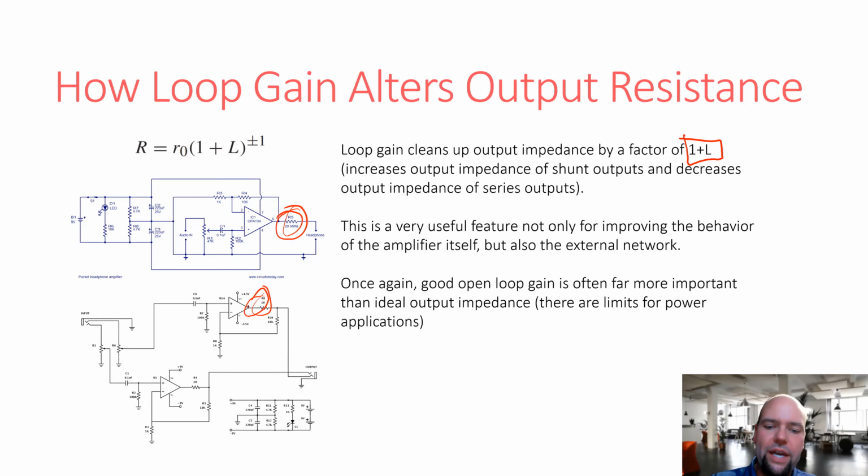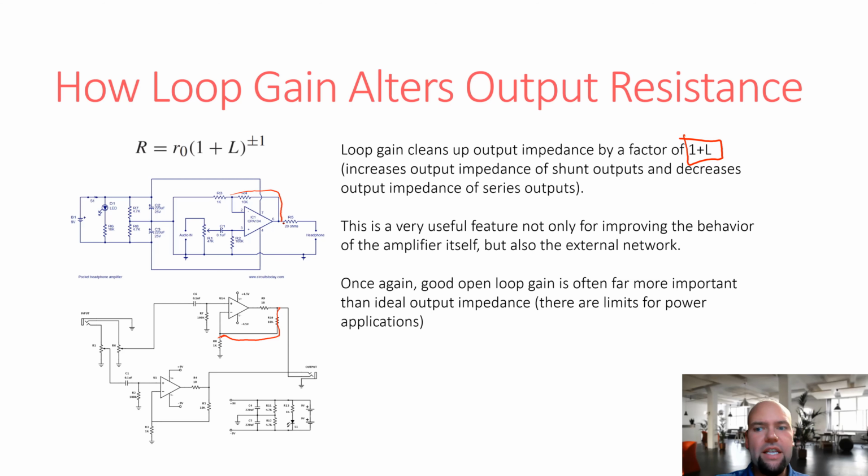But there's two different ways of doing this. If you look closely at these examples, one of these circuits connects the feedback path after this current limiting resistor, and one of them connects the feedback path before the current limiting resistor.